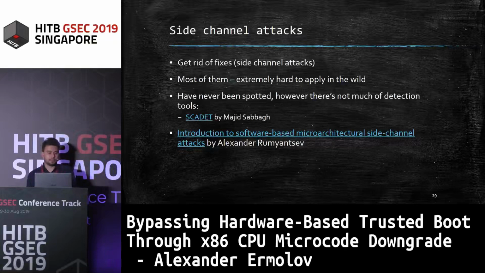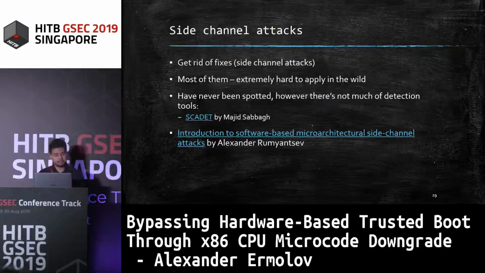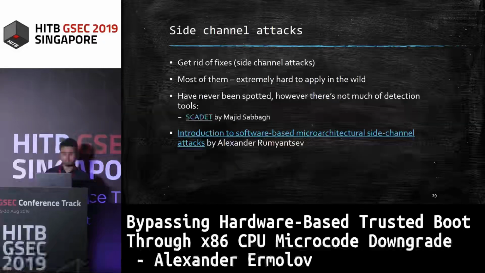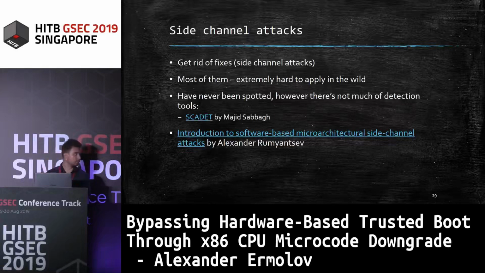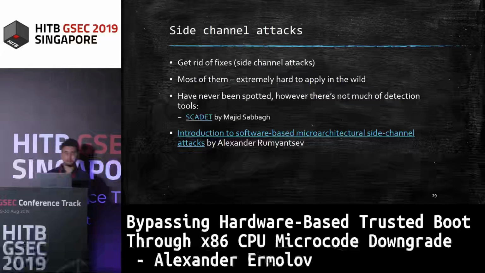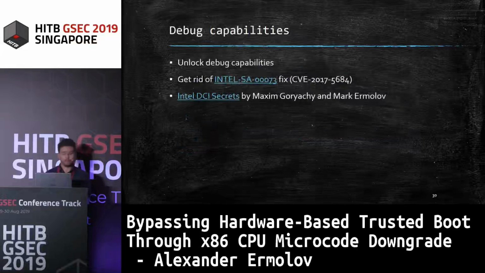I should mention that most of them are extremely hard to apply in the wild. They have never been spotted, but there's not much of detection tools. I've mentioned one that I've managed to find. And also, if you would like to know more about the side channel attacks, you can read this paper by Alexander Rumyantsev. It describes all these side channel attacks in quite an interesting way.